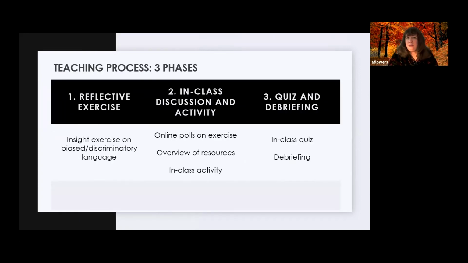Now, this teaching process has three main steps. I give students a homework assignment called a reflective exercise. It's non-graded. And I ask students to find an example in the real world of problematic language. It's sad how many examples exist.